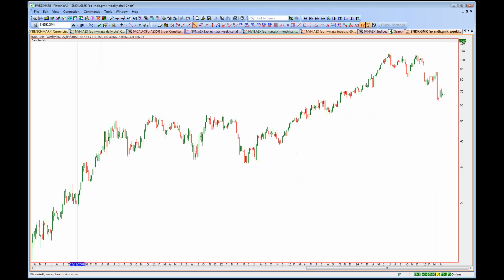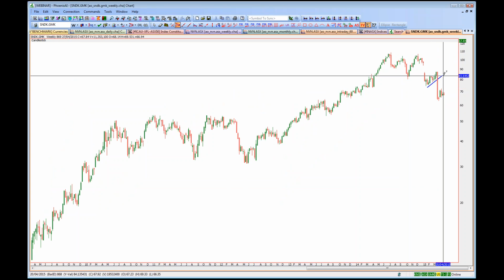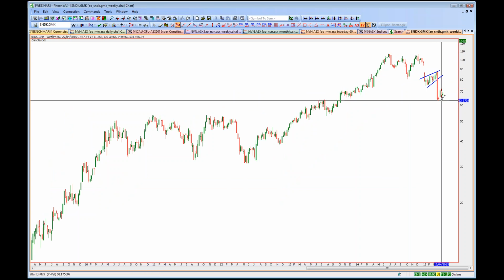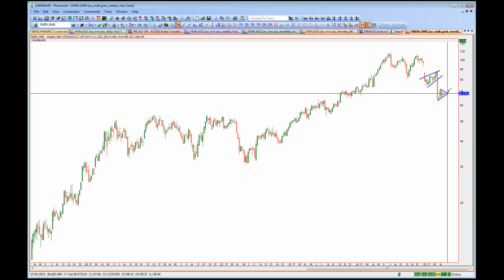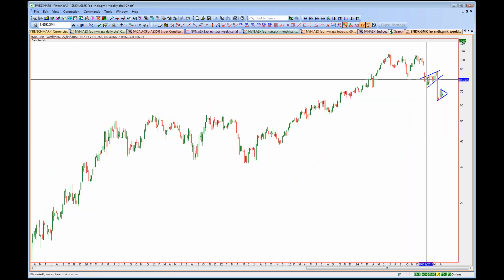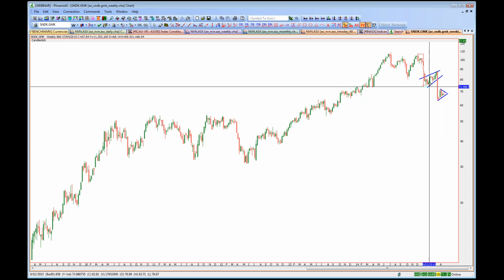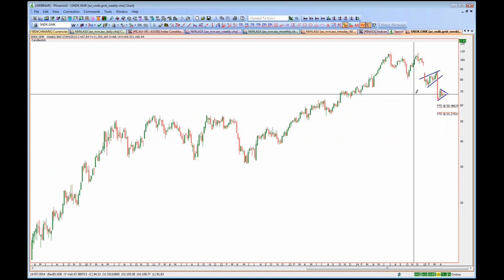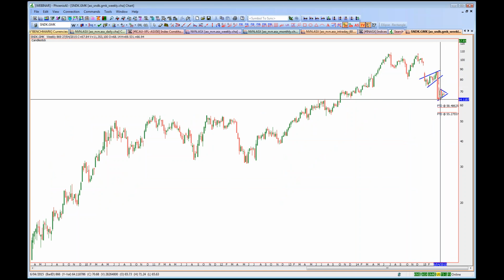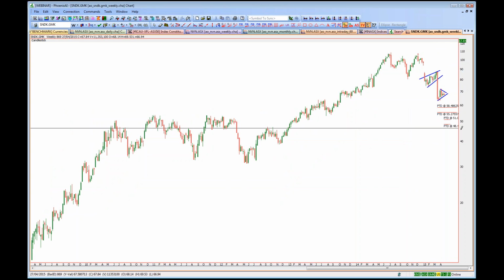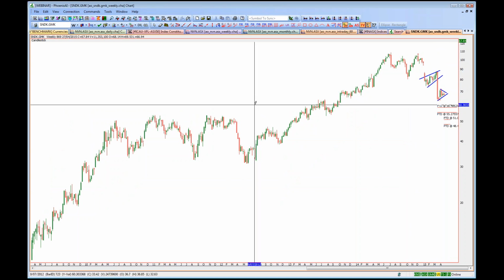Weekly, again, what do we got here? Flag. Well, could this be a pennant? So target, saying lower, and if it breaks below this bottom here, it's even lower again. So even your weekly is saying lower prices to go.